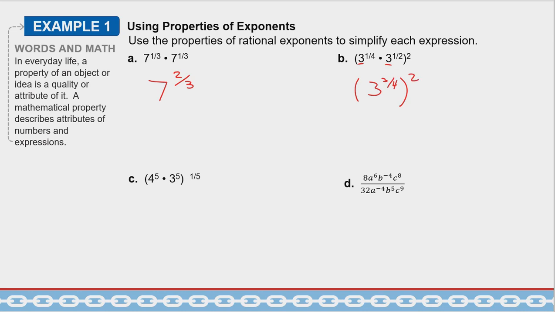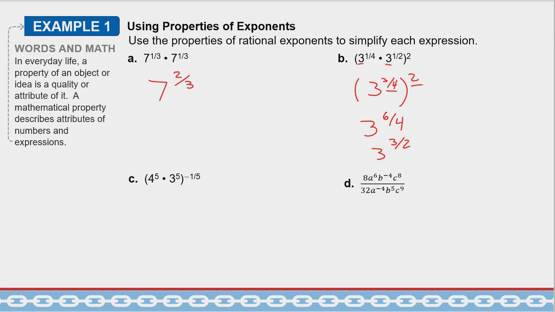Now I am going to use the power of a power property, because I have two exponents here, which means I am going to multiply those exponents. Well, 3 times 2 is 6 over 4. If I reduce that fraction, then the 6/4 becomes 3/2. Again, I could use my calculator to simplify that expression if I needed to.